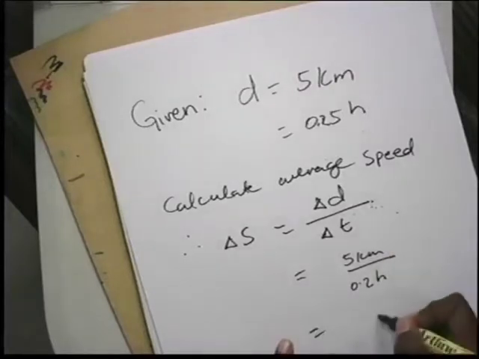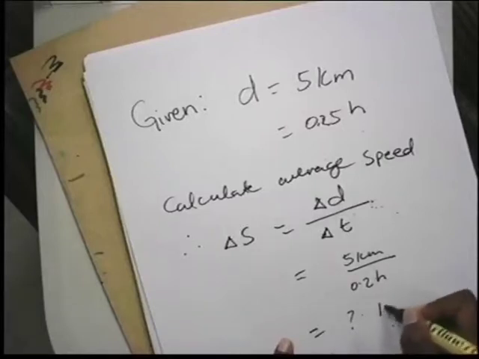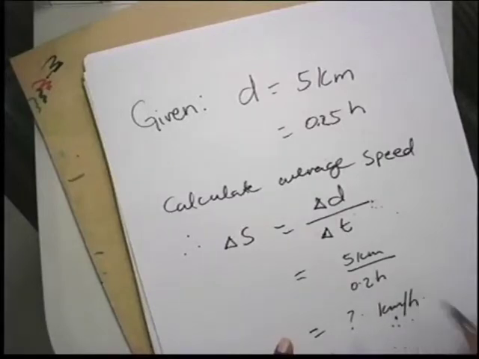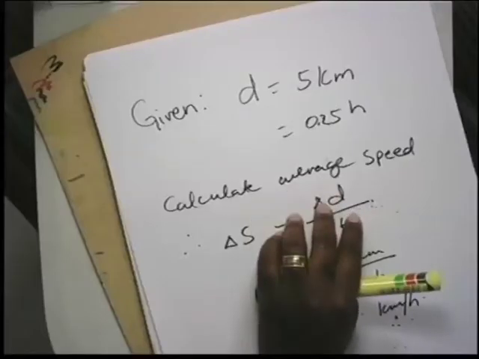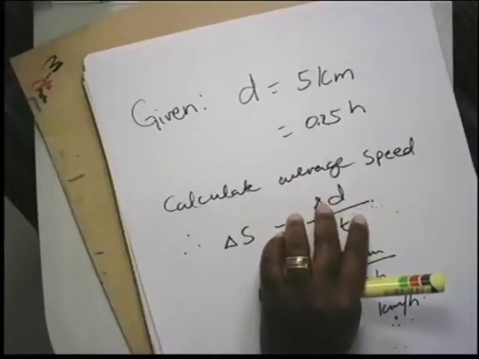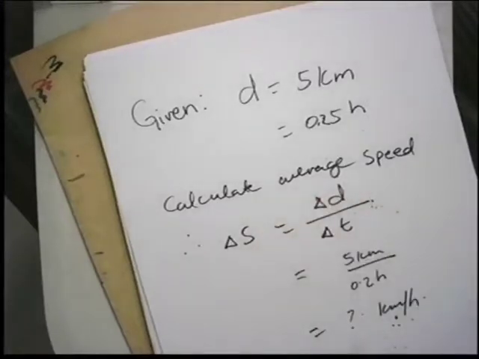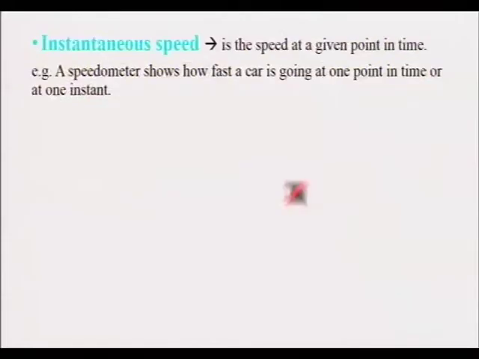Then it gives us a speed in kilometers per hour. You can calculate that. So this is the answer, which is 20 kilometers per hour. That is the average speed. There is the solution. I hope when you come to these worked examples, first try to work it out for yourself, then you can compare your answer with the solution that is given.